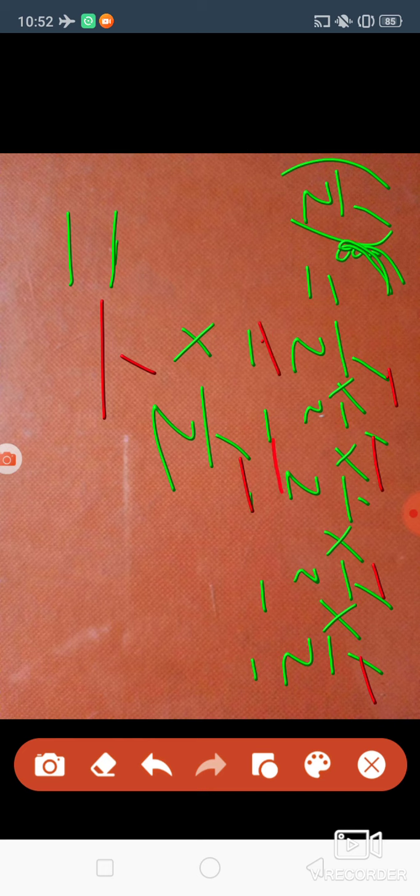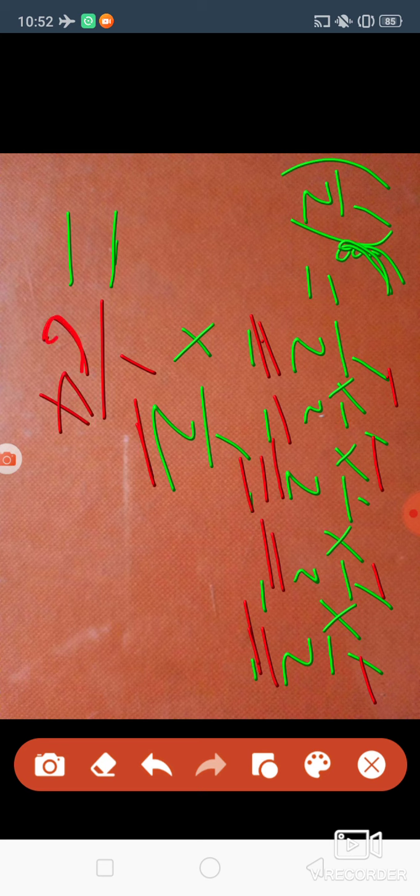So 2 into 2, 4, 4 into 2, 8, 8 into 2, 16, 16 into 2, 32. How many times we have to multiply? 6 times. So 32 into 2, how much we'll get? 64. So overall, how much we are getting? 64. Is it clear to you?